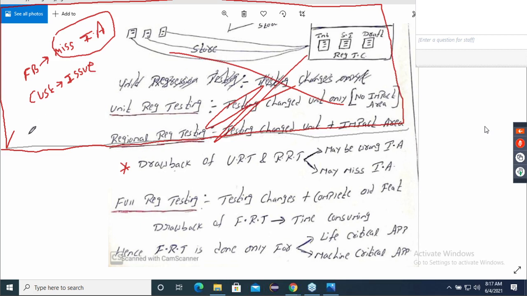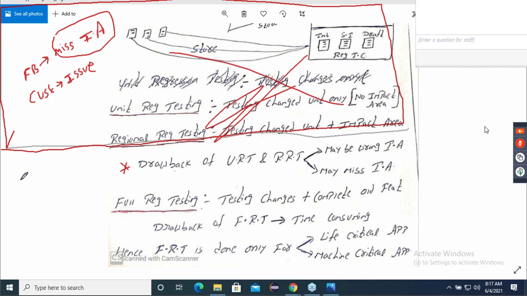Now take applications like the body scanner or CT scan. Have you heard of all these things? Body scanner, CT scan, or X-ray, all these are life critical applications, correct?